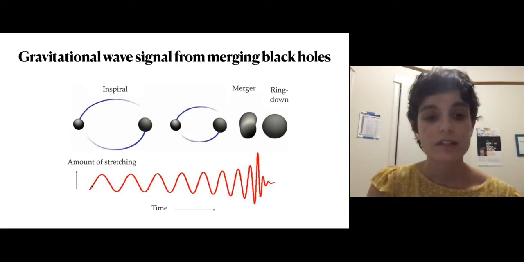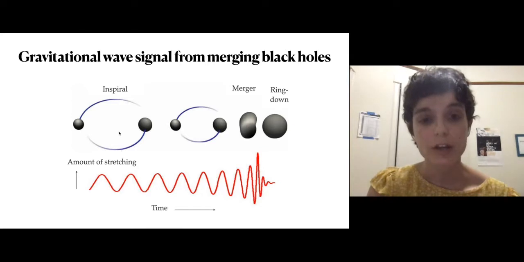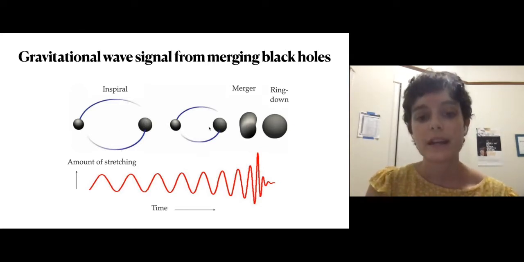So the gravitational wave signal, the frequency depends on the frequency that these two black holes are in-spiraling around each other. Black holes can also be neutron stars, right? And as they get closer and closer together, the frequency increases. And you can see that here in this example waveform.